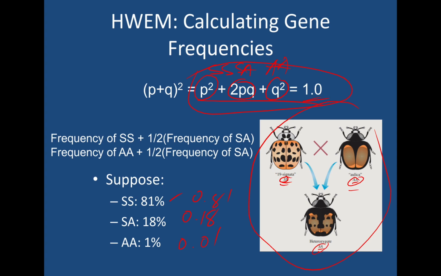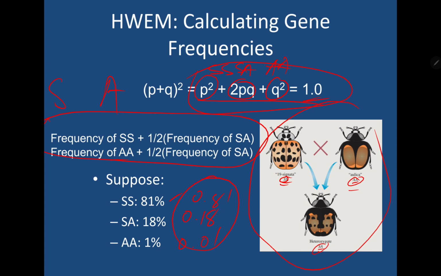How do you do so? Well, you use the equations shown here. If you use those equations, you get the frequency of SS plus 1/2 frequency of SA to get S, and you can use the frequency of AA plus 1/2 the frequency of SA to get A.